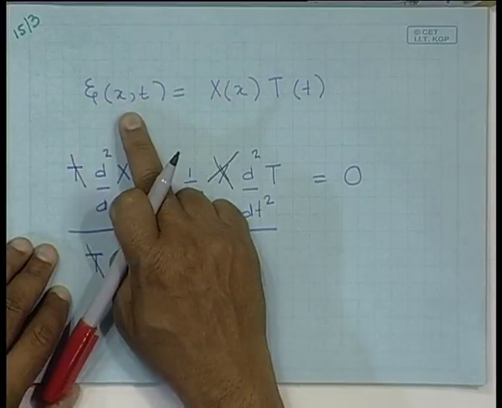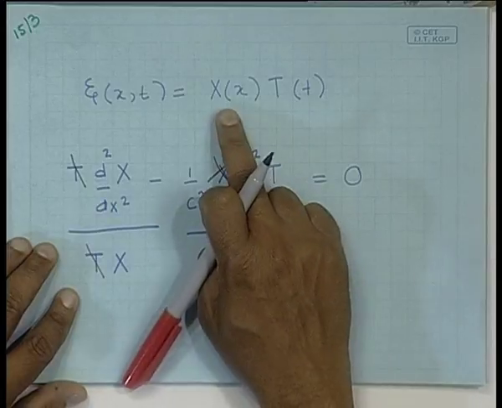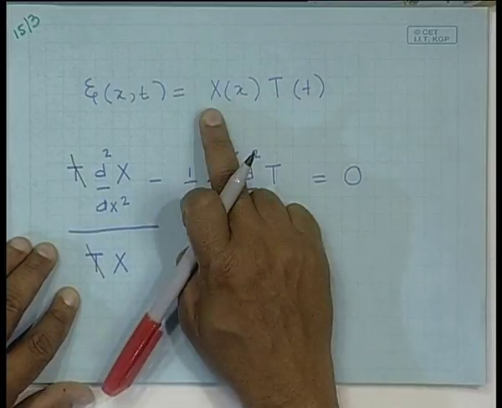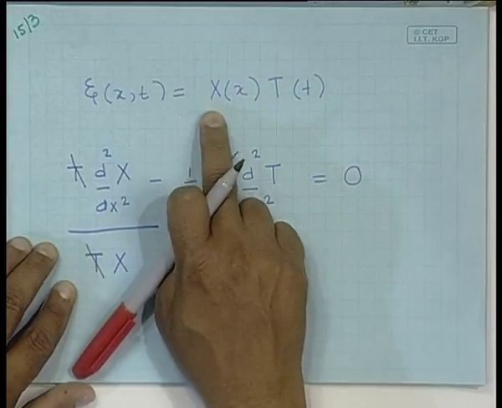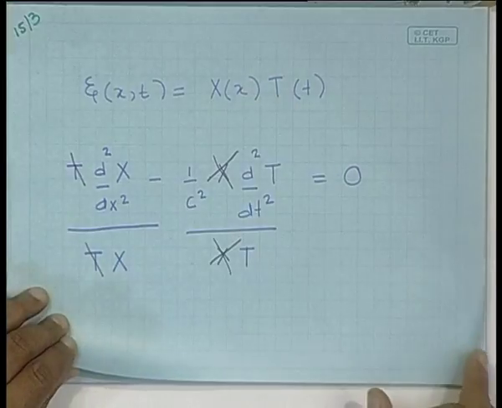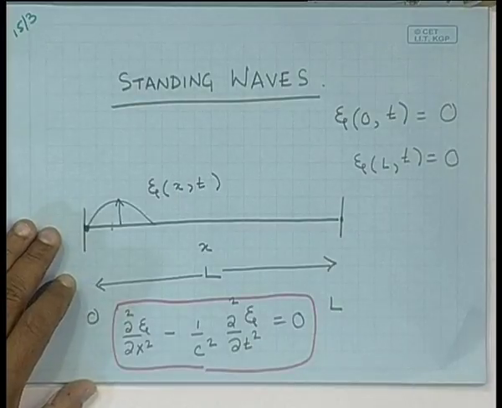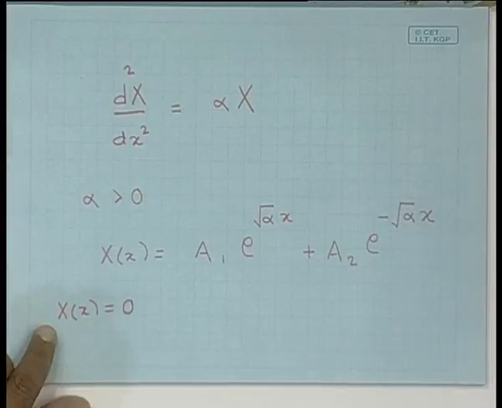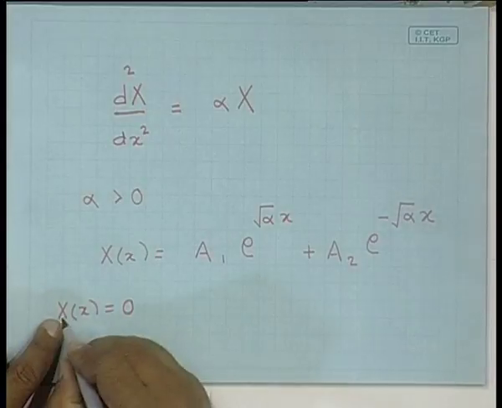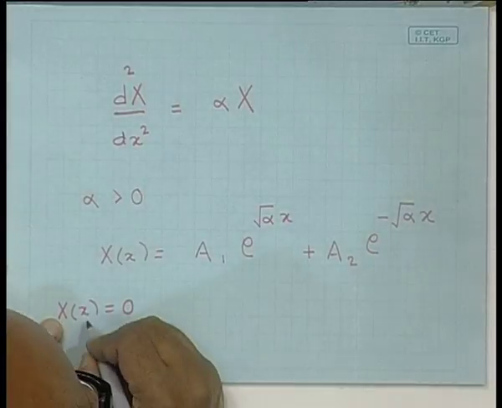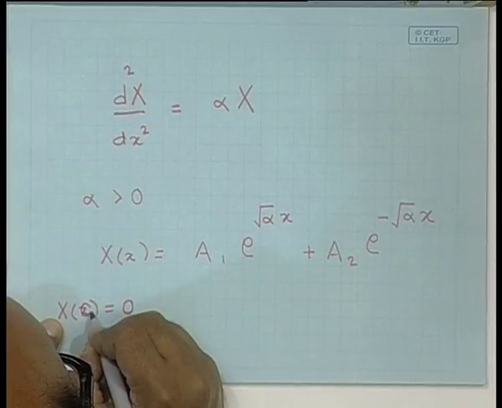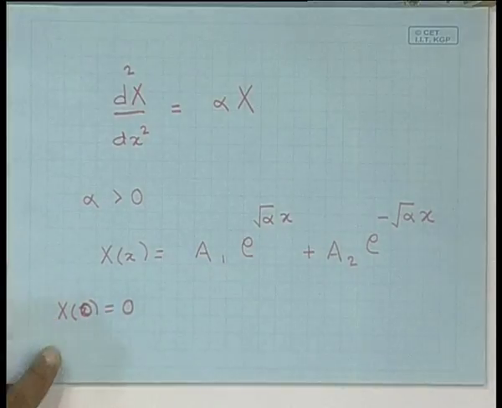So, if xi has to vanish at x equal to 0 and x equal to L at all values of time, it implies that this function should be 0 at x equal to 0 and x equal to L. So, we are imposing the boundary condition that this has to be 0.